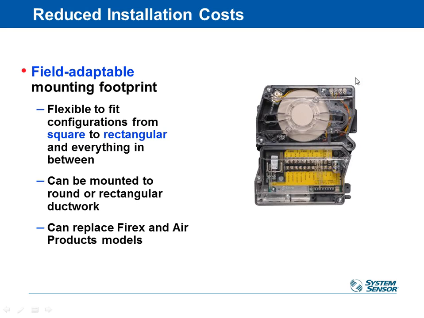Normally it's not a big deal, but if this was butted up against the wall right here or something like that, now you don't have to be forced into buying a certain manufacturer's detector. This one can comply with either space constraint that you have. So it can go either direction.